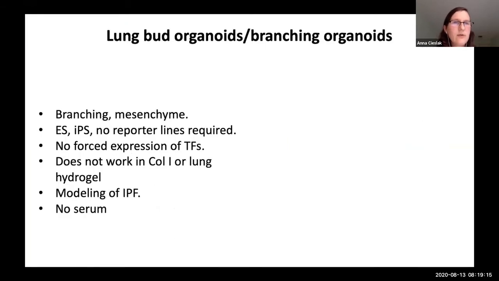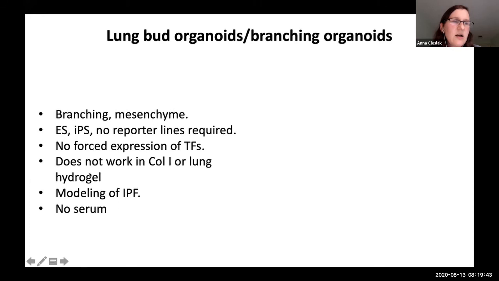To summarize our model of lung-bud organoids with our protocol, we can easily create lung-bud branching morphogenesis that is enriched with mesenchymal cells. We don't need any reporter lines or forced expression of transcription factors to evaluate the effect of the factors of interest.